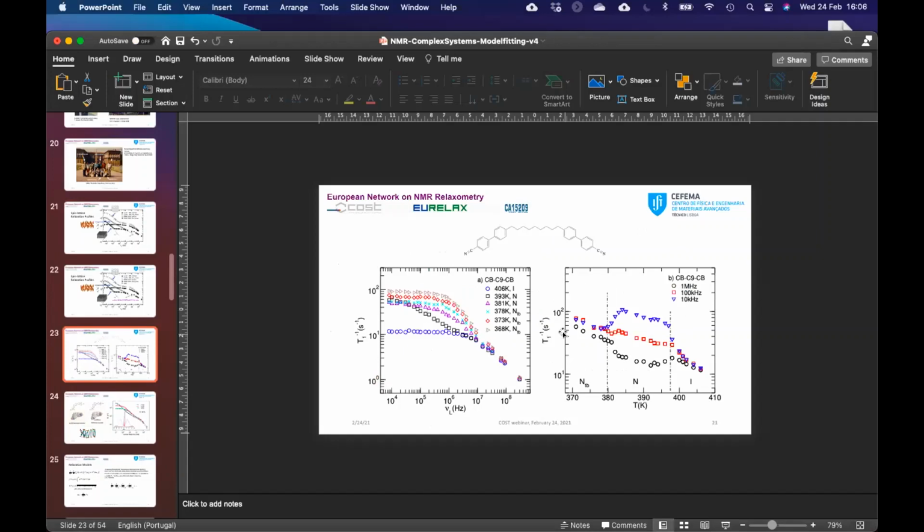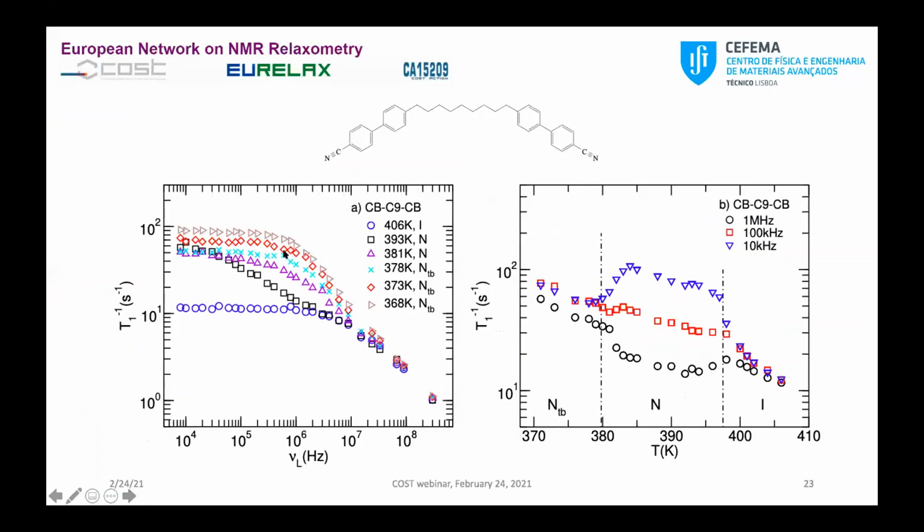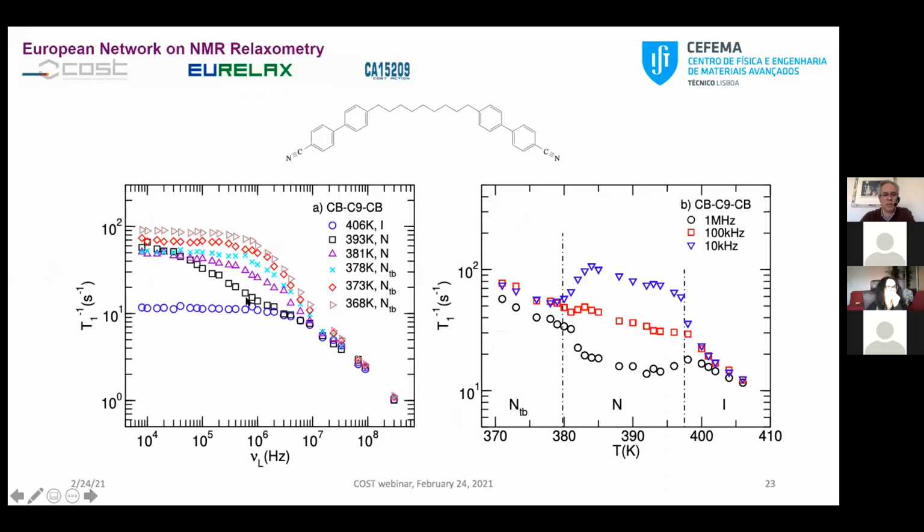Okay, so in this system, I'm just decreasing the temperature from the top. Let me enlarge. In this system, I'm heating the sample. I'm going down and I'm heating the sample.